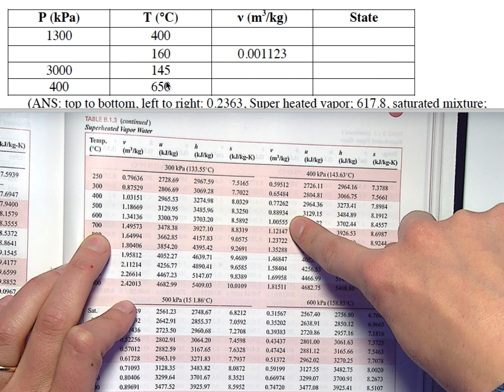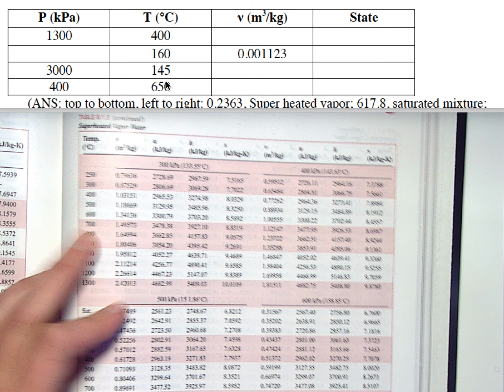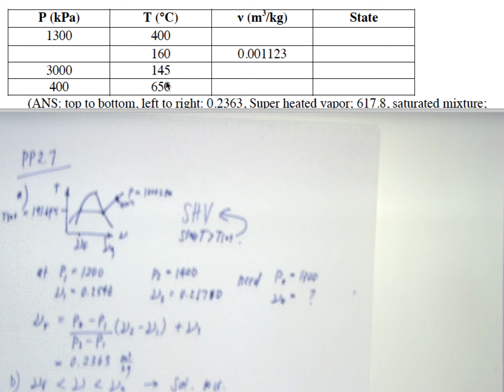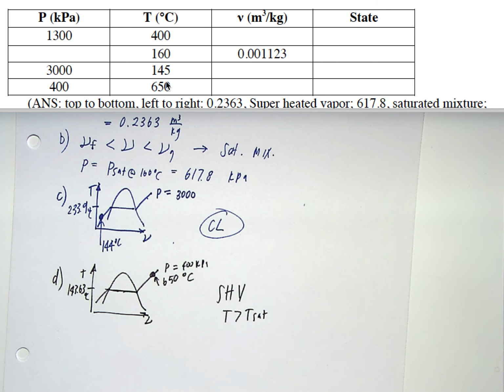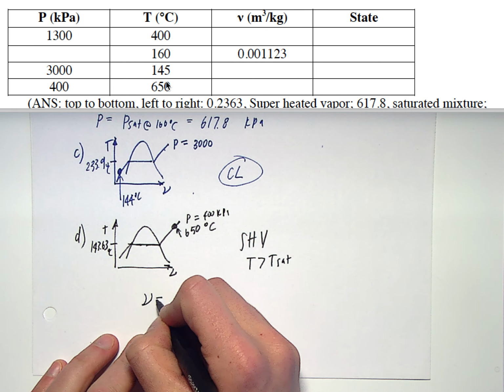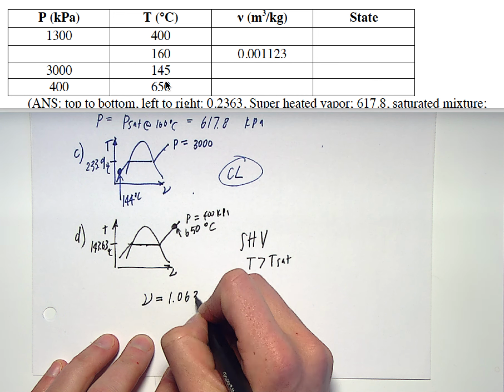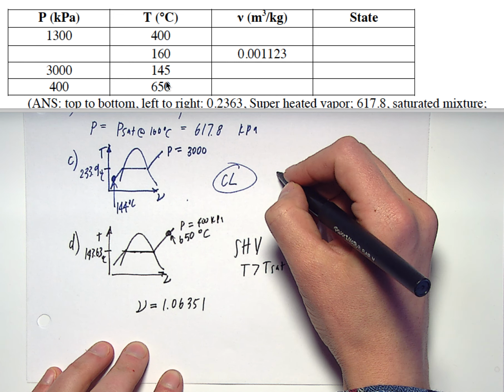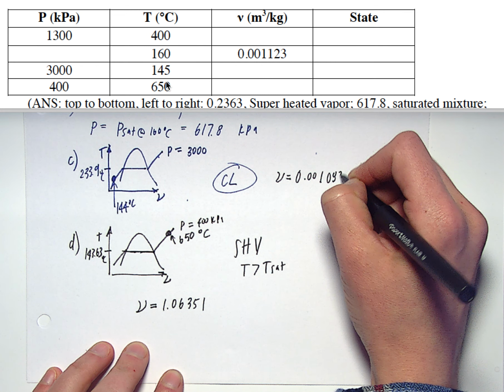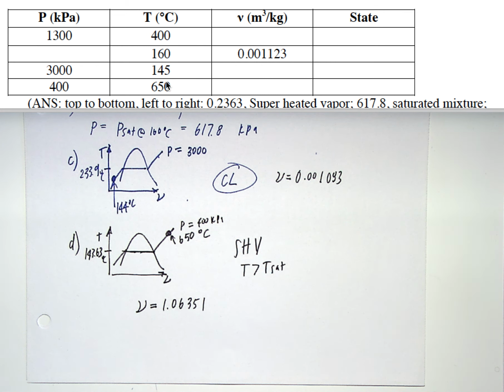You could just take the average between the two, or you could interpolate. And when you do that, you will get right here a new value of 1.06351. This one, the new value comes out to 0.001083. So I never actually finished that one.